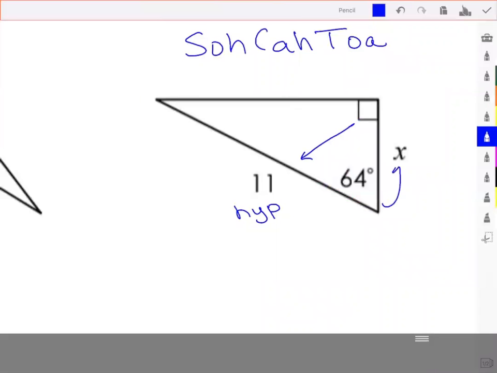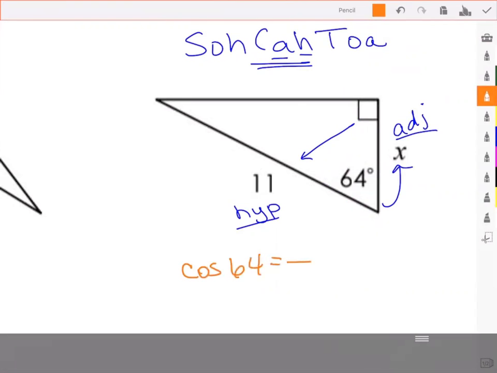And next to my angle is my adjacent. So hypotenuse and adjacent. This one's also going to be cosine. So cosine of 64 equals adjacent, which is X, over hypotenuse, which is 11.